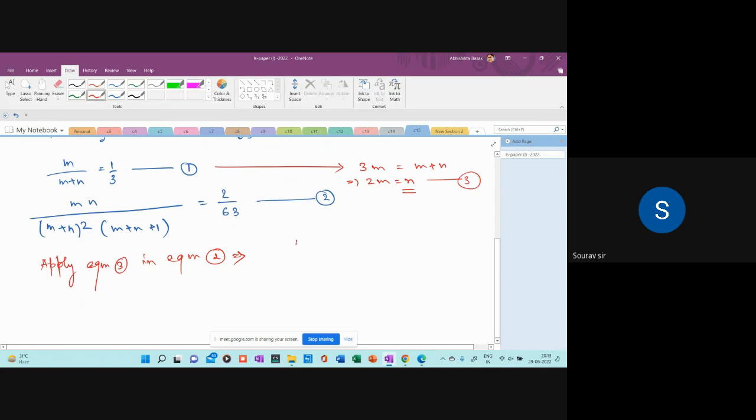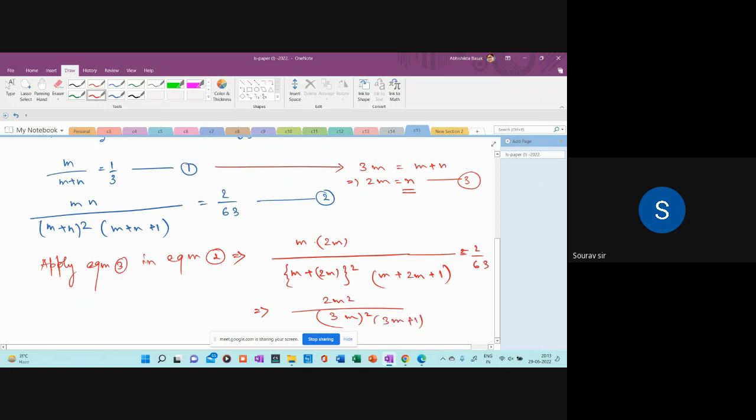That gives me m into 2m, over (m plus 2m) whole square, into (m plus 2m plus 1), equals 2 by 63. And that finally gives me 2m square, over 3m whole square, into (3m plus 1), equals 2 by 63.